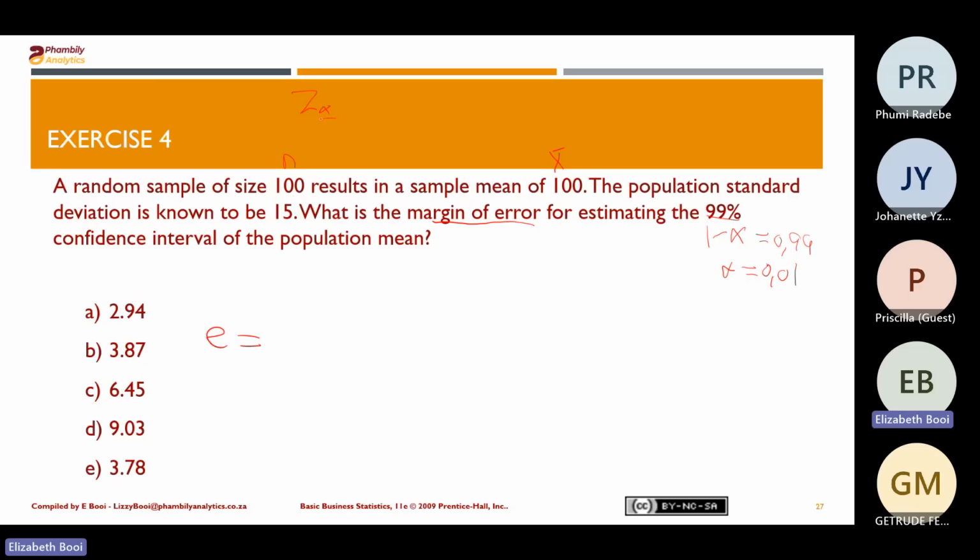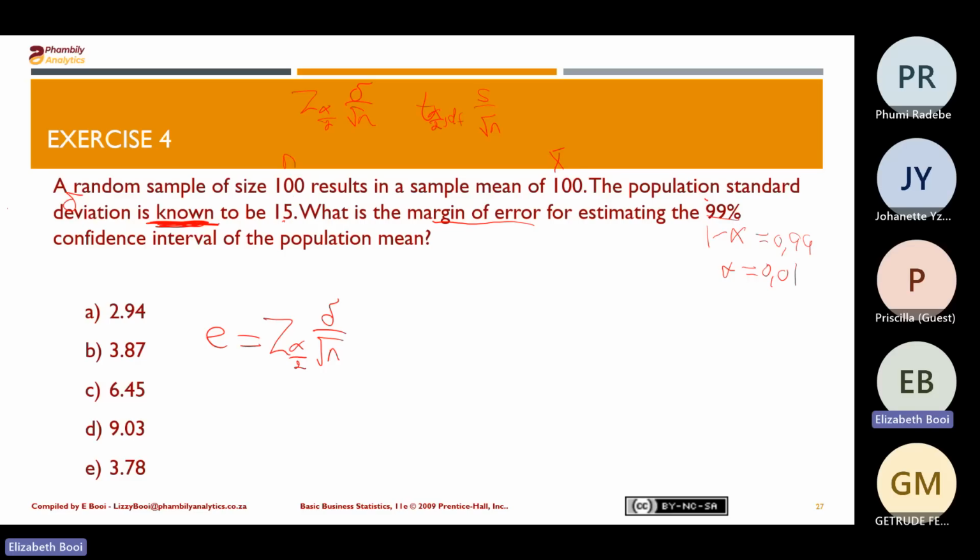Are we calculating Z alpha divided by 2 times... I think we're calculating Z alpha divided by 2 times the population standard deviation divided by the square root of N. Because the population standard deviation is known, they are telling you that sigma is known and it is 15.